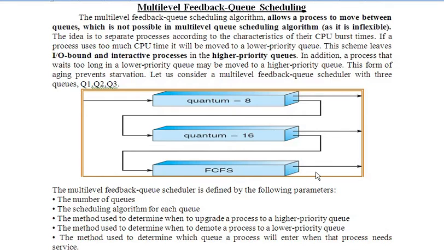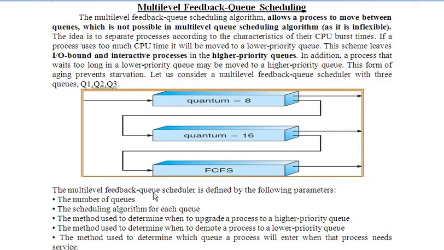So all execution happens like this. I hope you understood. Let me explain once again. Here quantum 8 means processes which take equal to or less than 8 milliseconds for execution will be executed here, otherwise the remaining time will be sent to the next queue and the next queue. This is what I said, moving processes between the queues.